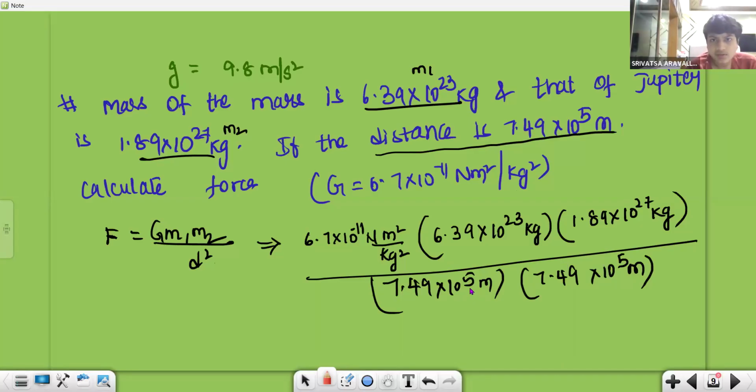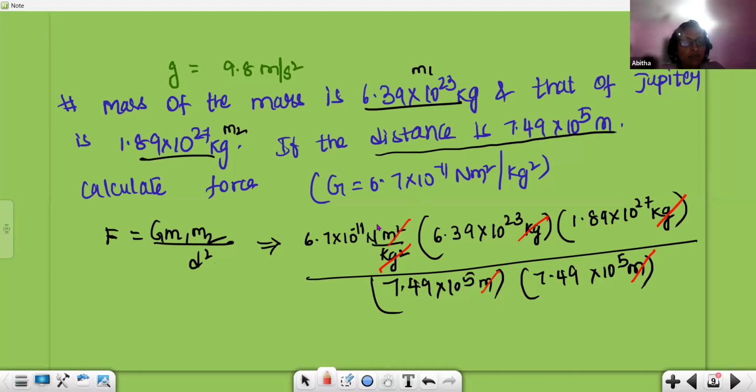See the units: newton, meter square, kg, all the units. Kg we can cancel. Here there are two kgs and you can cancel two kgs. Then what else can we cancel? This is not mass, it is meter. Meter we can cancel. So finally we are left with the unit of newton.